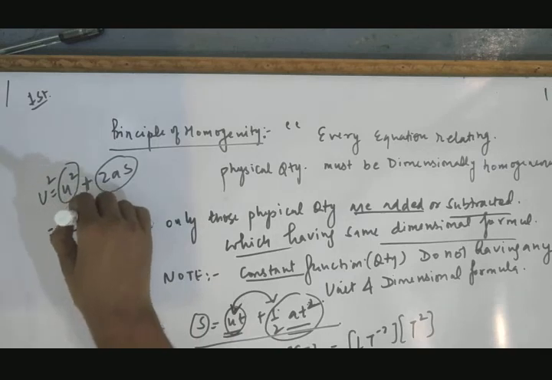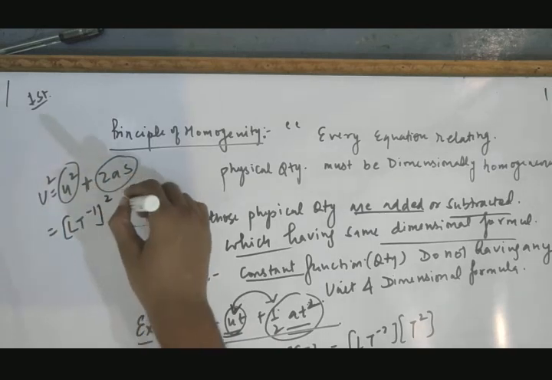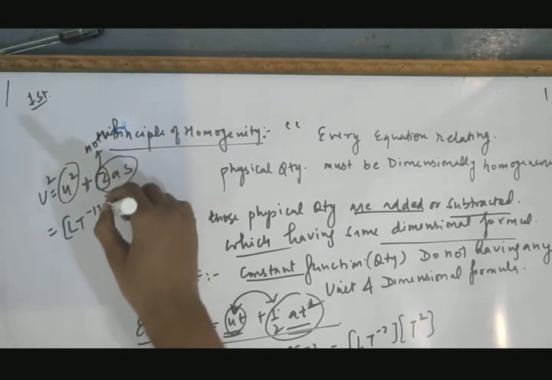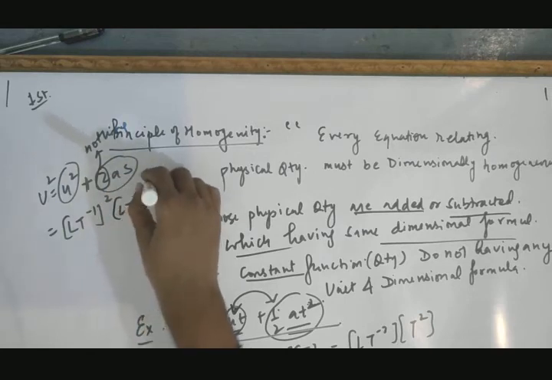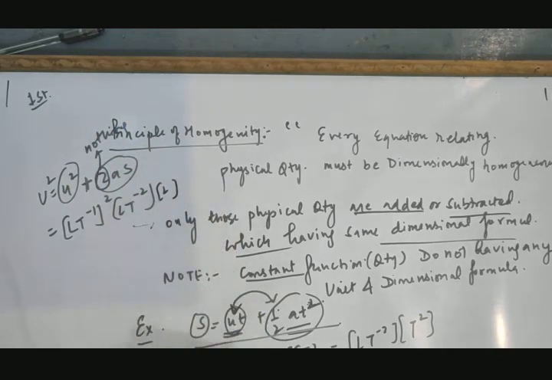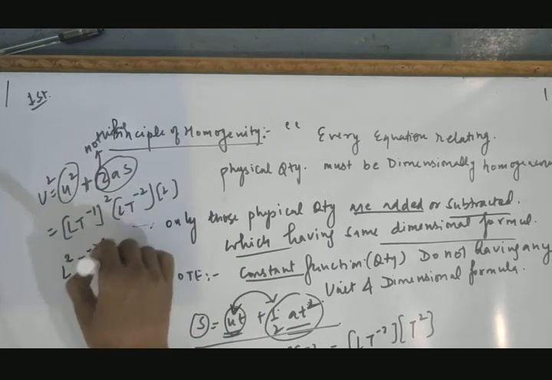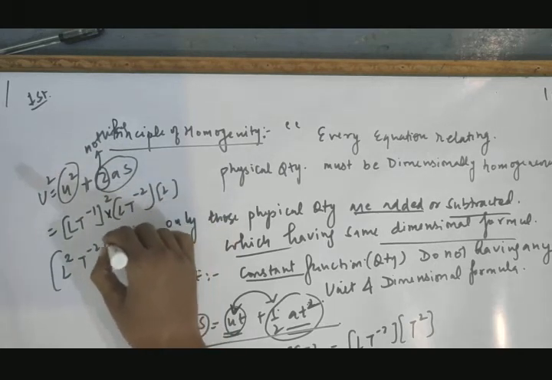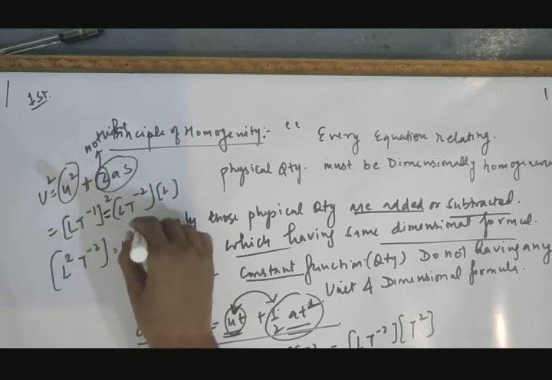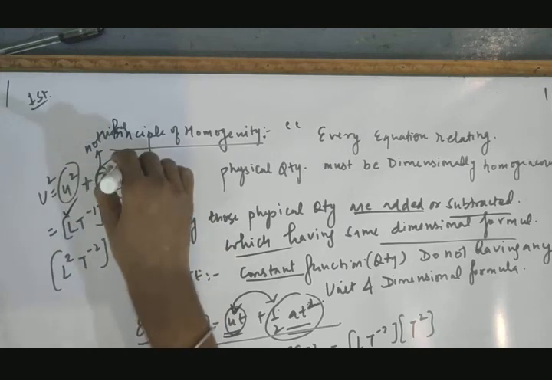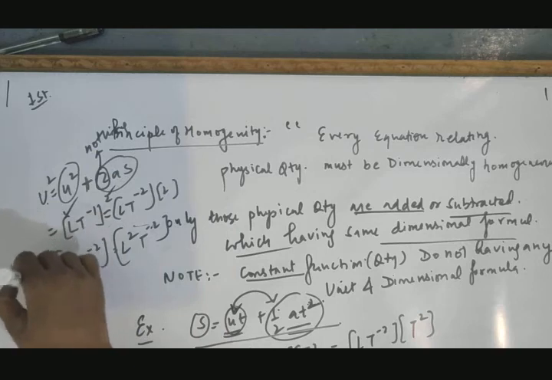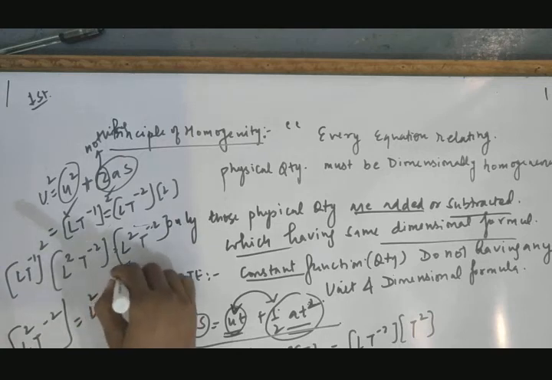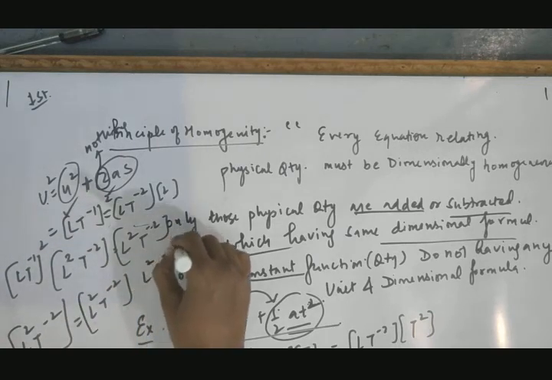The value for u is LT inverse, so u square is LT inverse whole square. The dimension of 2 is nothing, it is a constant. The displacement is L. So we get L square T inverse 2 on this side, and again it equals LT inverse whole square, which is L square T inverse 2. Both have the same dimension formula.